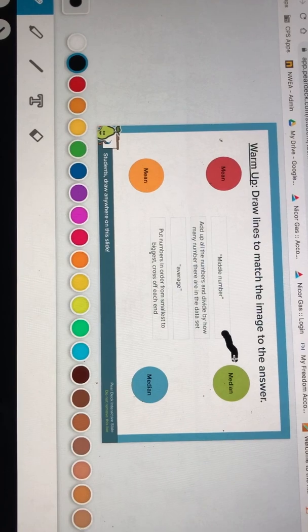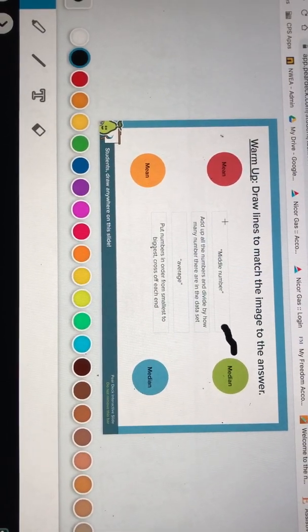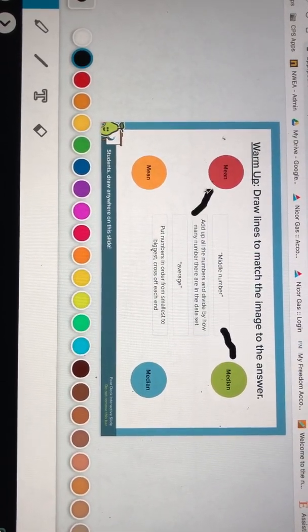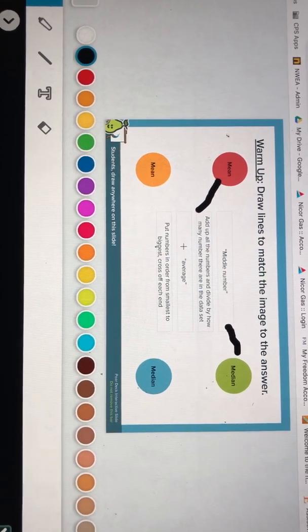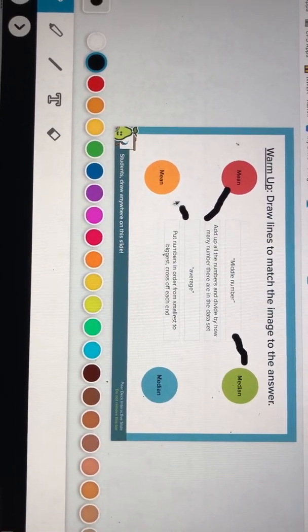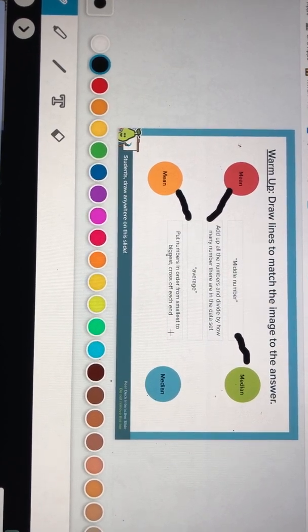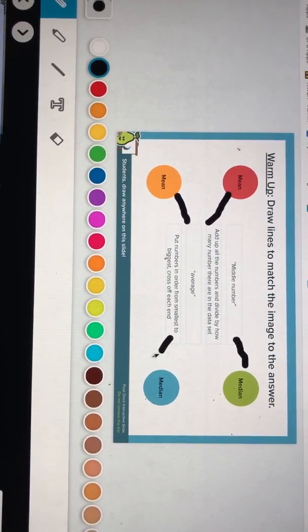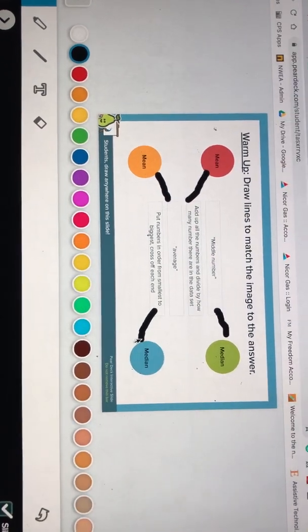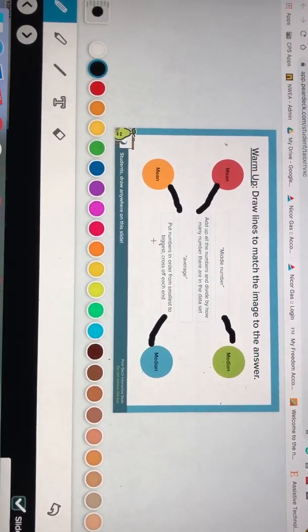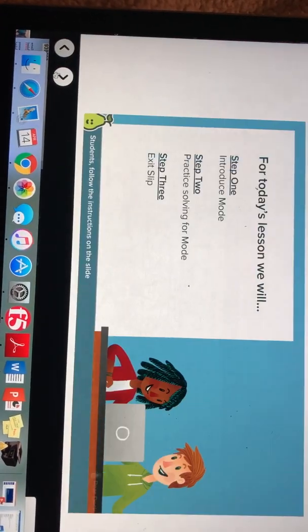You add up the numbers and divide by how many are in the set. Those are our steps to find the mean. The average is another way of saying the mean. To find the median, put numbers in order from smallest to biggest and cross off each end. That was just a little warm-up review of what we have learned.